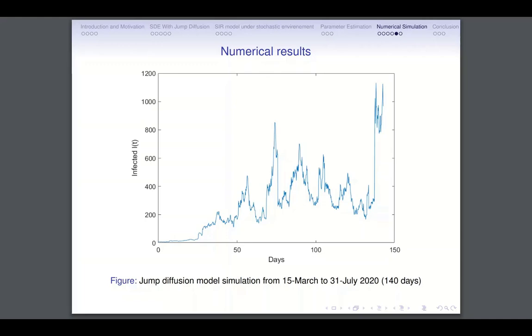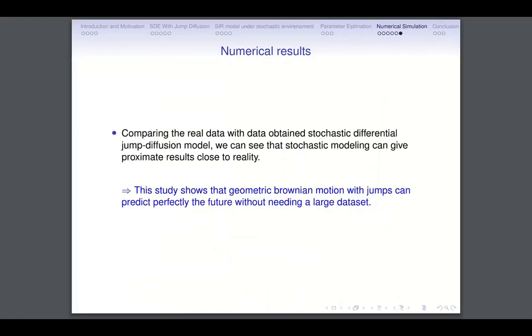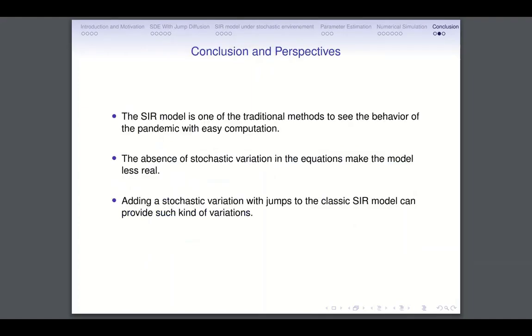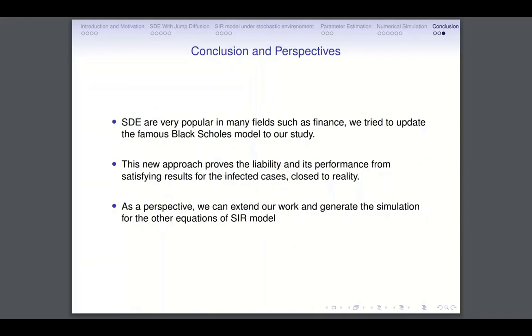As a conclusion and perspective, we can see that the SIR model is one of the traditional methods to see the behavior of the pandemic with easy computation, but it doesn't give results really close to reality. So if we add the stochastic variation, we can get more satisfying results. This model is very popular in many fields such as finance.